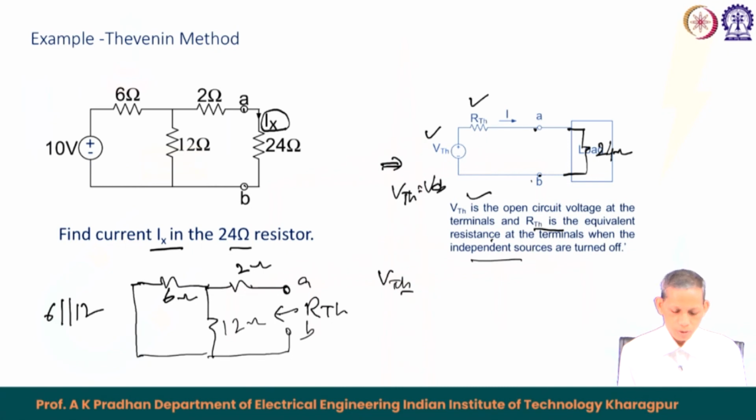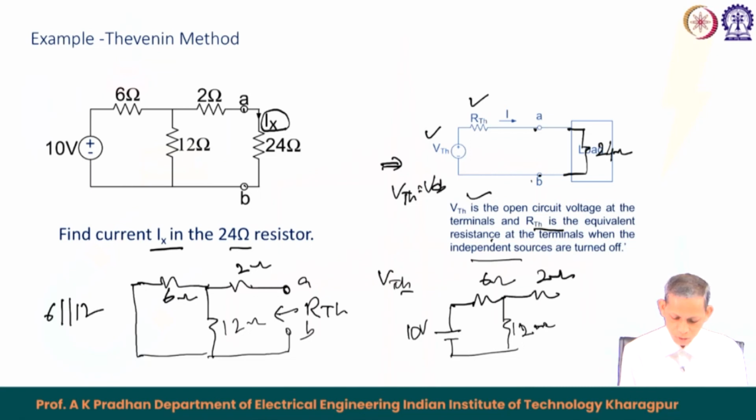And VTH becomes equal to what? In this case it is the open circuit voltage. So, for the open circuit voltage, this is your 10 volt, 6 ohm, 12 ohm, and then we have 2 ohm, and this is our terminal AB, which will be kept open. The 24 ohm resistance is kept open now.